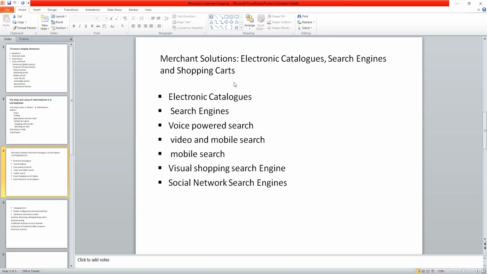There are three major types of electronic commerce searches: the internet or web search, the enterprise search, and the desktop search. Customers look for a lot of information. They request product information or pricing.